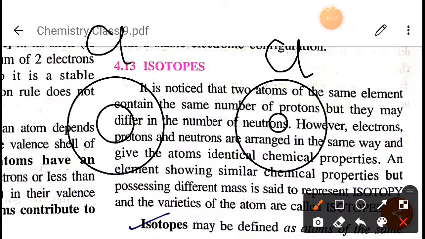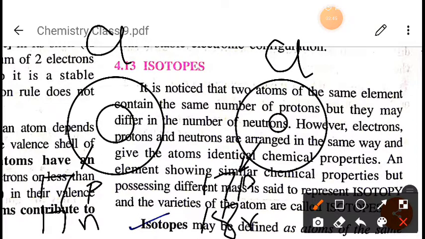Now it has been observed that this one has 17 protons and 17 neutrons, right? But in some cases it is showing like this: the protons are the same, 17, but the neutrons are 18.